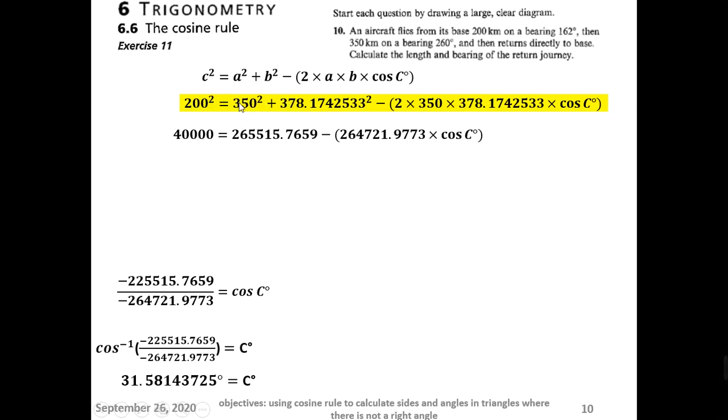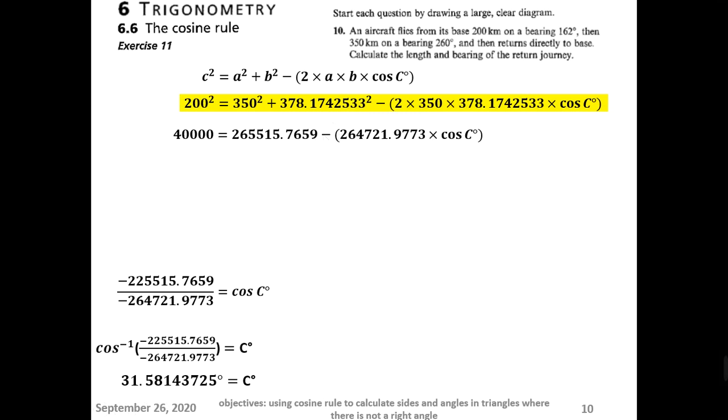And if we simplify here, 350 to the power of 2 plus 378 to the power of 2 is going to come down to 265515.7659 minus, and if we simplify here, 2 times 350 times 378, it's going to be 264727.97773 times cosine angle C. Now, since we wrote the rule, we substituted, we simplified, it is ready to apply opposite operations on it.